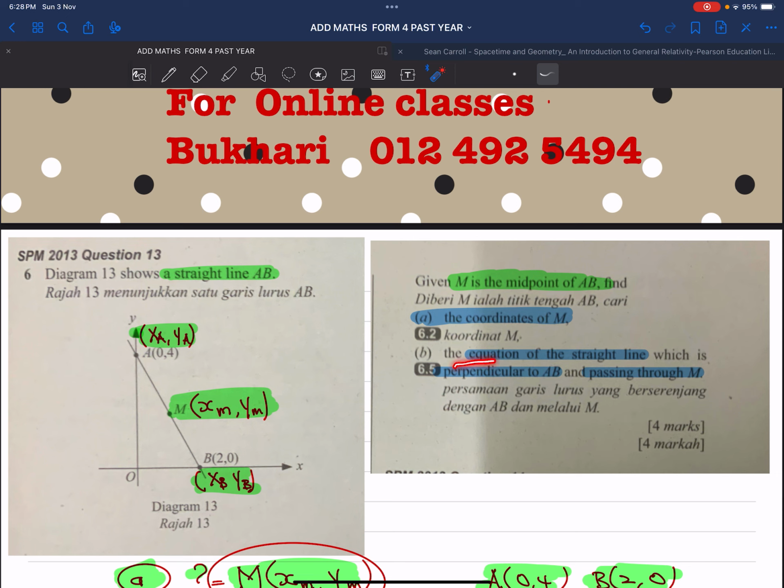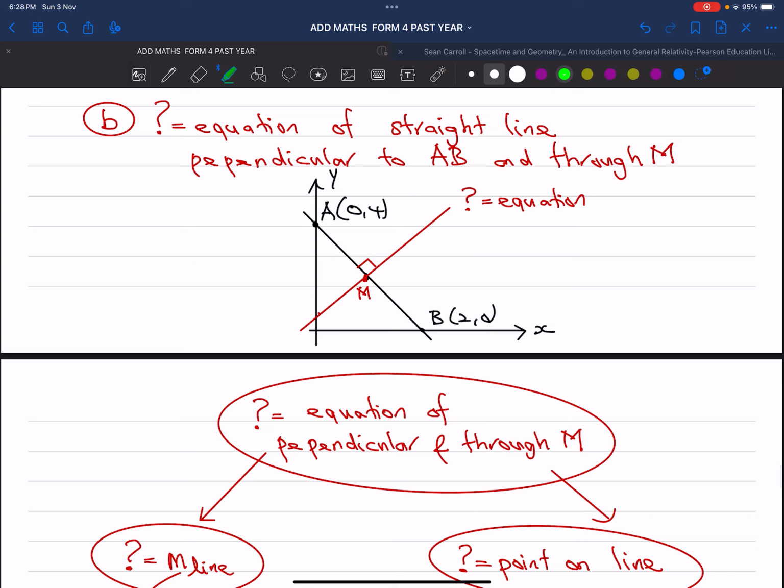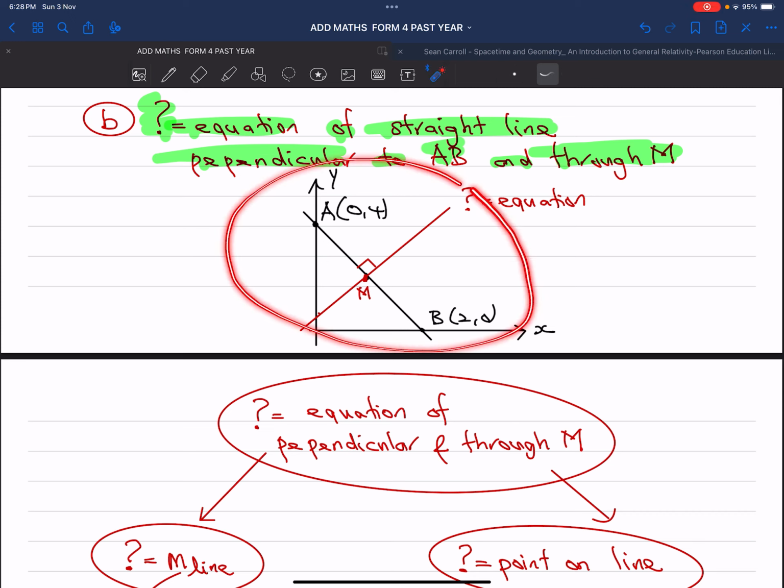find the equation of the straight line perpendicular to AB passing through point M, the midpoint. So part B, find the equation of the straight line perpendicular to AB and passing through the point M. I have drawn back the entire diagram.